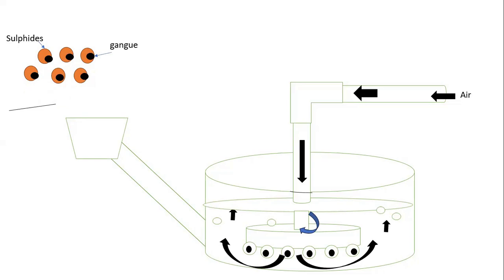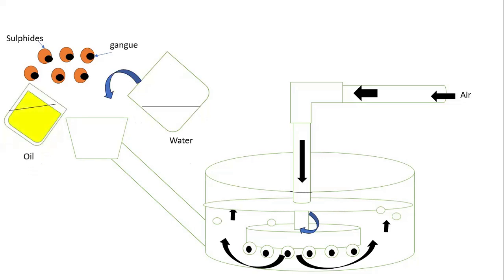So in this case we are going to add water, okay. The water should be added into this one hopper. Then along with this hopper we are going to add oil also. Oil is added. Then these particles are to be added here.